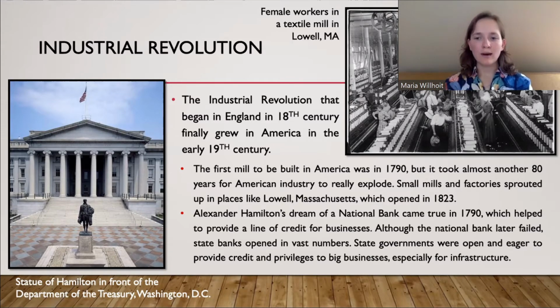But luckily, when the national bank closed down, a lot of state banks opened up, which is good because anytime you have a bank, you have hopefully a line of credit. And this is very good for businesses. This is what you need to first open up a factory, a business, a mill. You need that line of credit, that loan to get you going.